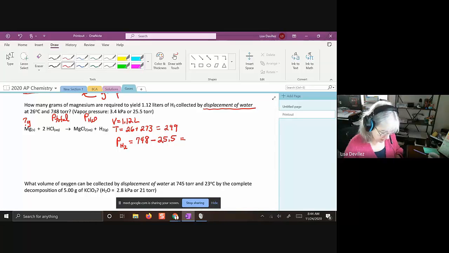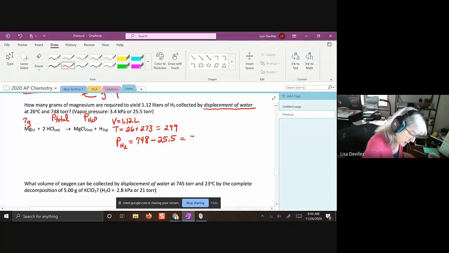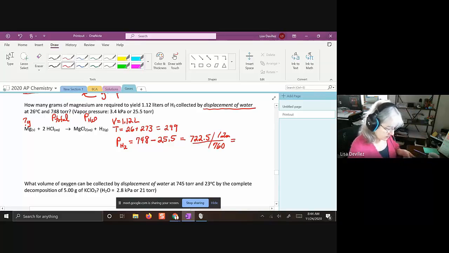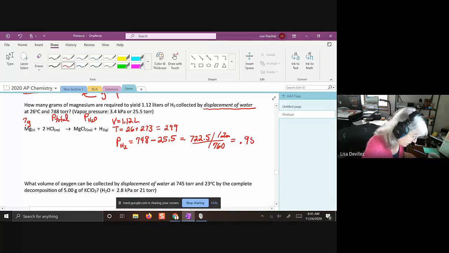Let's see, 748 minus 25.5 gives me 722.5, and we have 760 torr is 1 atmosphere. So that gives me 0.951 atmospheres.